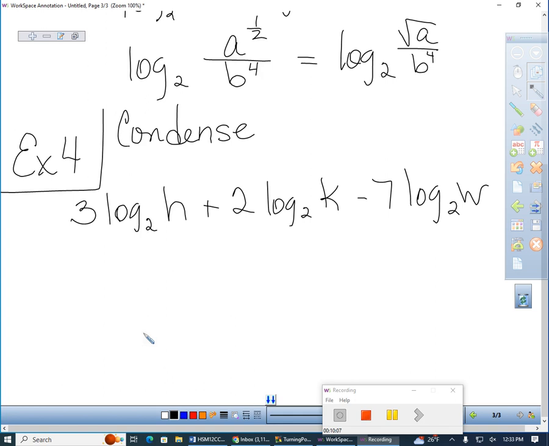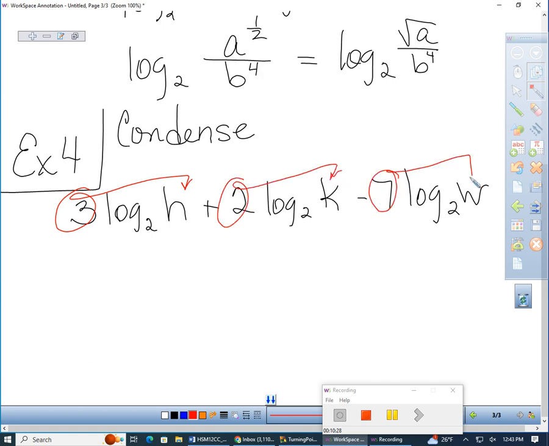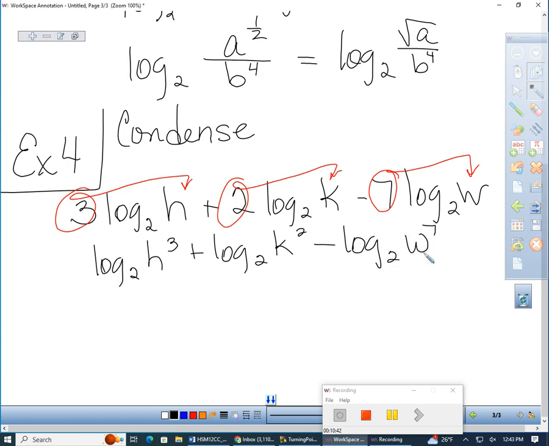So the very first thing we want to do is take all of those coefficients and move them where? To the exponent. I move that one there, this one here, and this one here. So I have log base 2 of h to the third plus log base 2 of k squared minus log base 2 of w to the 7th.